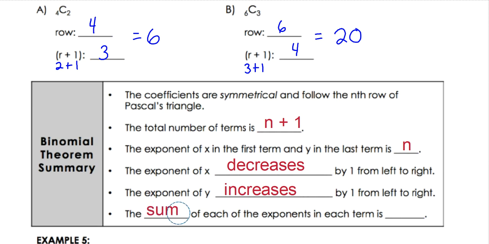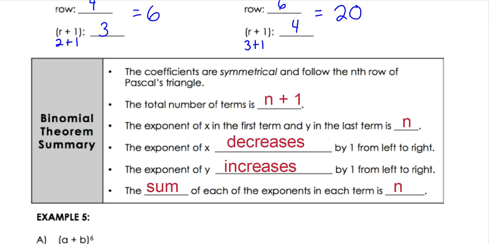And then we also should see that the sum of the exponents in each term totals up to n. So when we're in those middle terms, if we have x to the 4th to start, then y in the next term is going to add up to 4 with the x. So x to the 3rd, y to the 1st, so that we still have a total of 4 in the exponents.